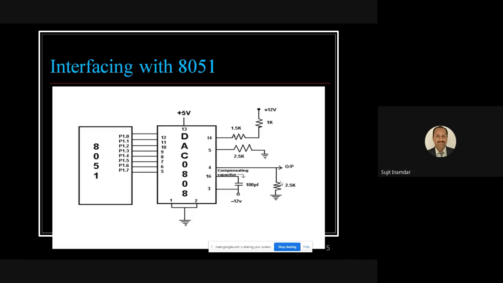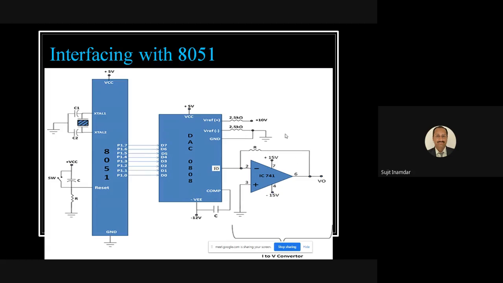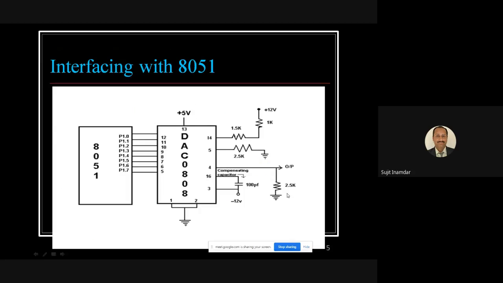The next point I want to discuss is that if you are looking at pin number 4, that is output, they have used additional external circuitry, that is, using the op-amp. In this diagram no op-amp is used. Directly one resistor is connected and output is taken out.